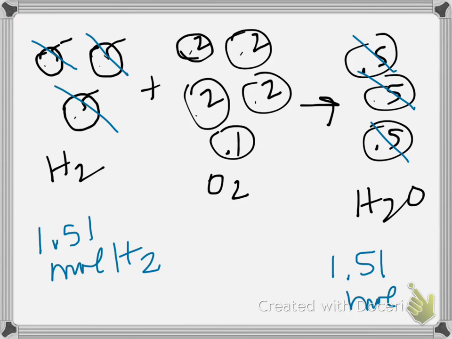Now, in order for that to occur, for every 1.5 moles of hydrogen we use, we use half the amount of oxygen, because it's 2 hydrogens plus oxygen yields 2 waters. So half of 1.5 is 0.75.